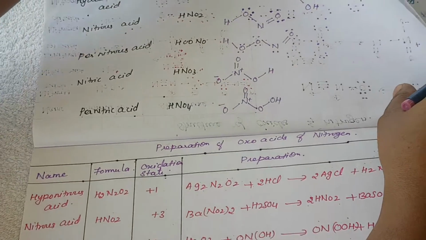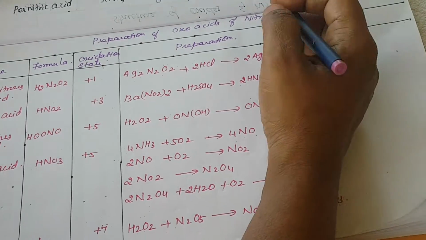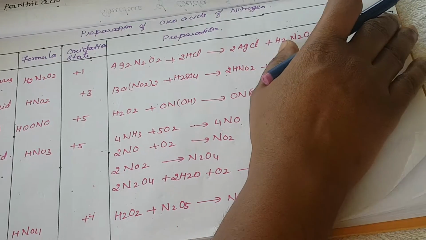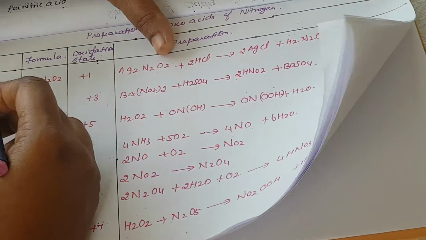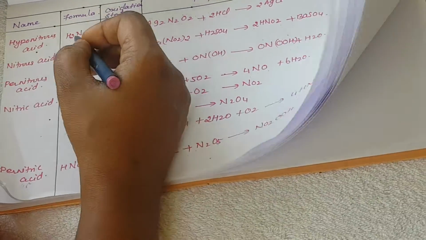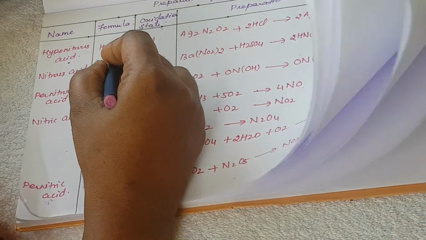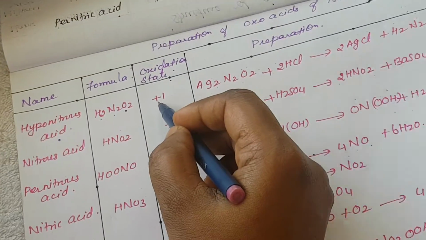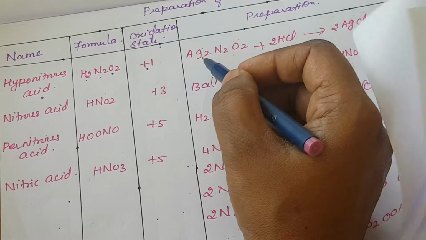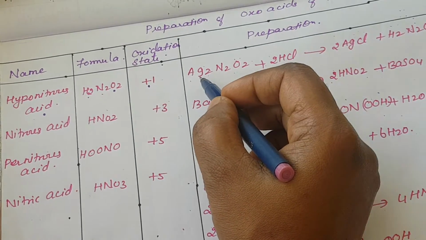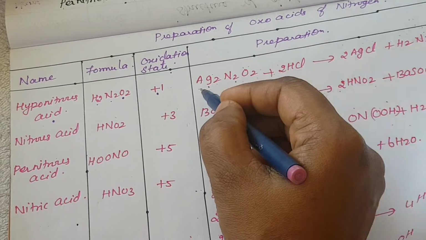Next is the preparation of oxo acids of nitrogen. First one is hyponitrous acid. What is the formula of hyponitrous acid? H2N2O2. Oxidation state is +1. Silver hyponitrite, what is the compound name?